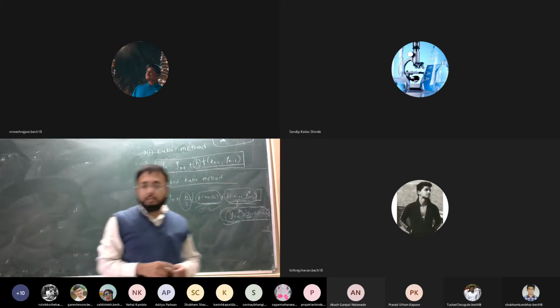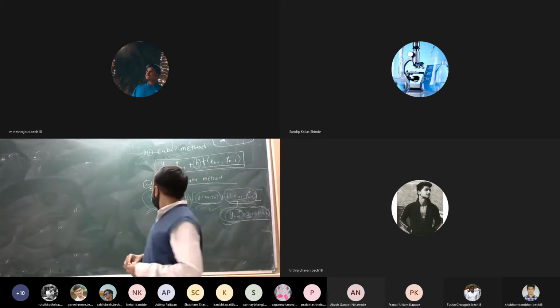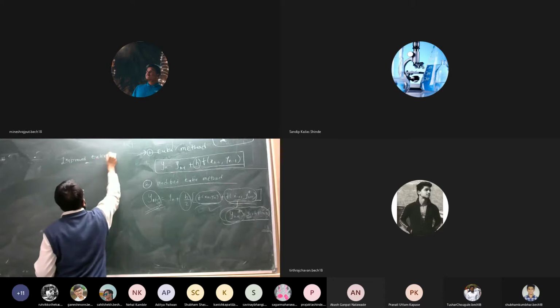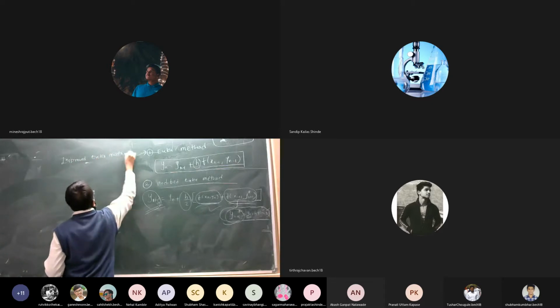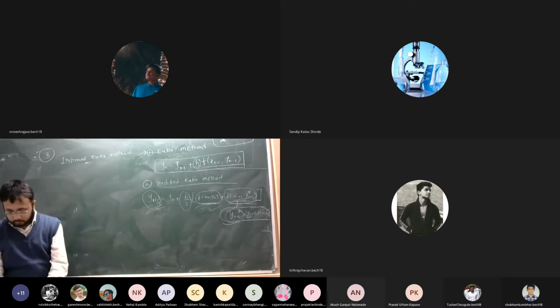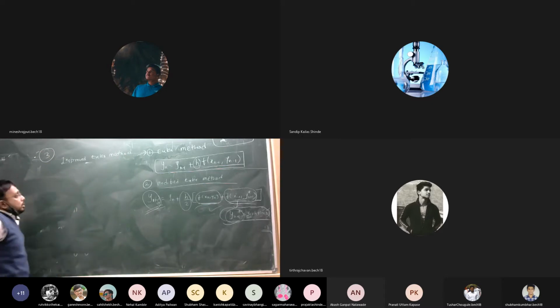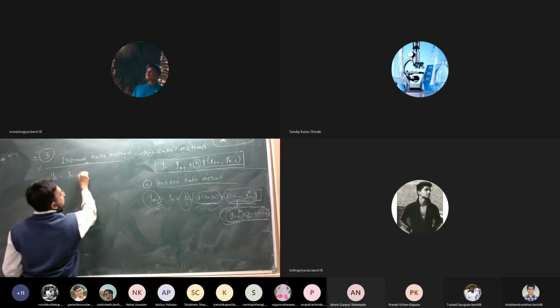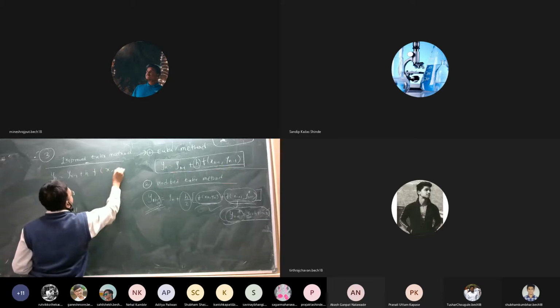Now the next method we are going to see is called the improved Euler method. So the third method we are going to see is the improved Euler method. The formula is the same, but suppose I write for the first, yn is equal to yn minus 1 plus h of f of x, y.